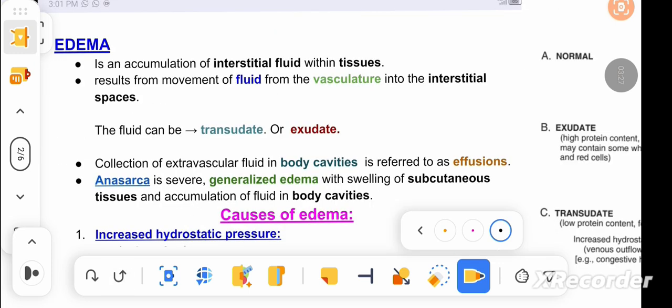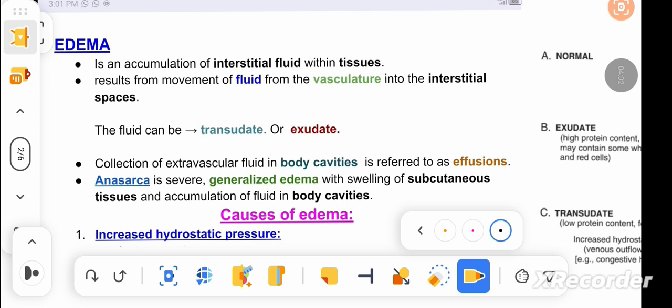Now, apart from edema, we have other terms such as effusion. So effusion is accumulation or collection of extravascular fluid in the body cavities. So we have body cavities such as the pleural cavity, which surrounds the lungs. Then we have the pericardial cavity which surrounds the heart.